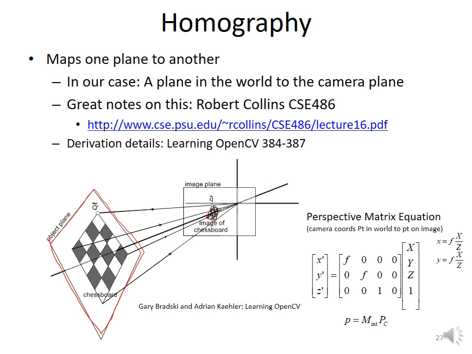In the picture below, there is a chessboard plane that is used to calibrate the camera, and there is another plane, the camera image plane. We can transform the coordinates of the points on the chessboard plane into the coordinates of the corresponding image using affine transformation. We will study this deeper when we study camera calibration with the lecture note of Robert Collins.